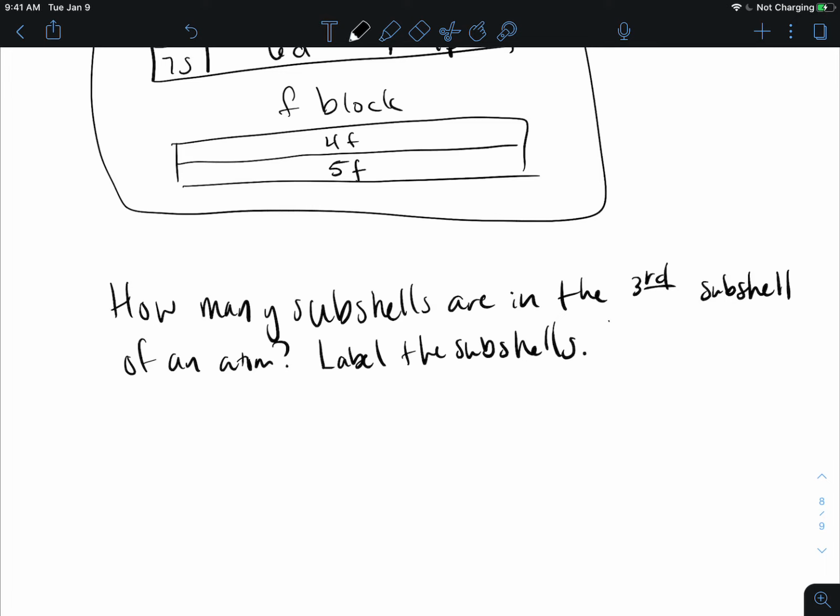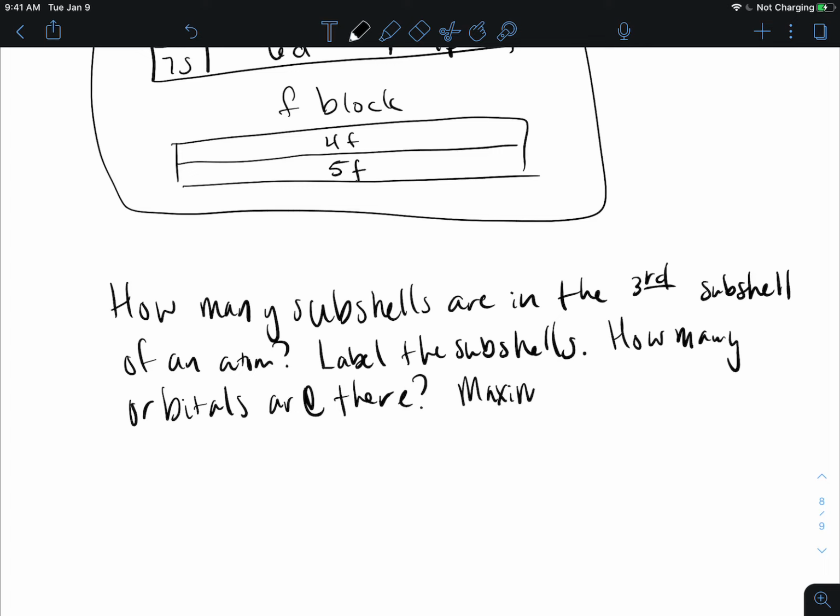And then, how many orbitals are there? Lastly, what is the maximum number of electrons in the third shell?